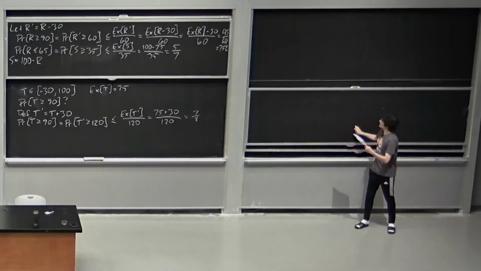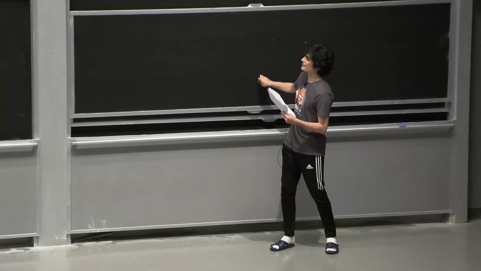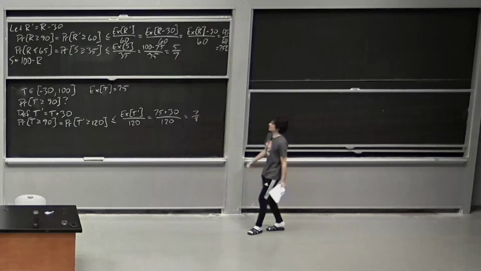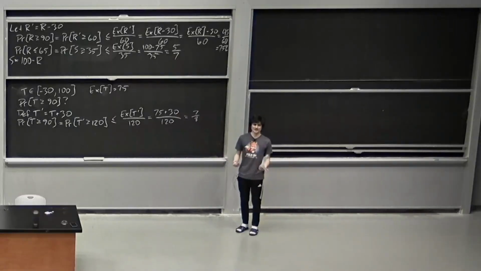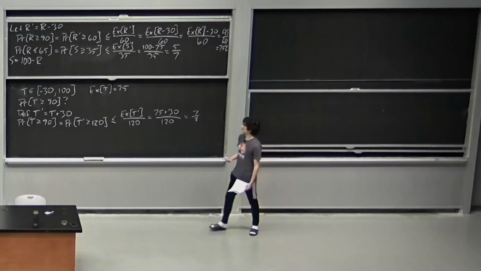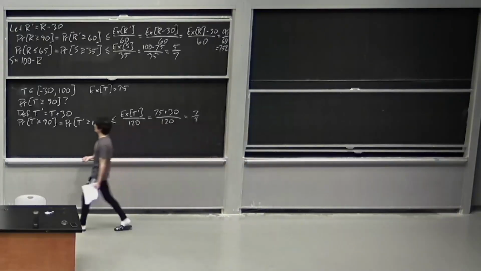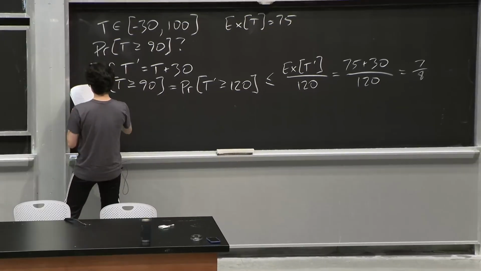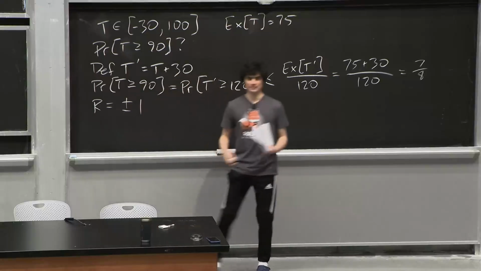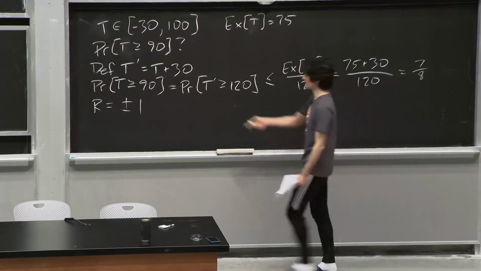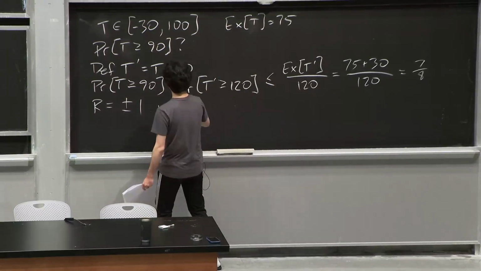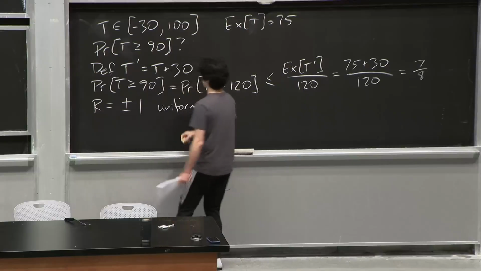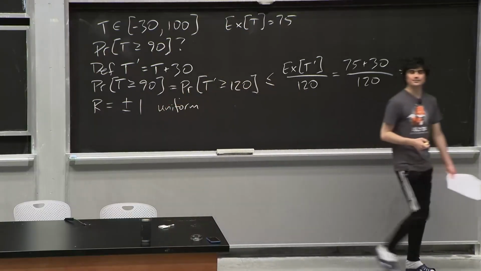I guess there's a question of, morally, why do we need this non-negativity? Perhaps a very simple illustrative example is, suppose we have the random variable R, which is plus or minus 1 depending on a fair coin flip, so it's uniform on positive 1 and negative 1.